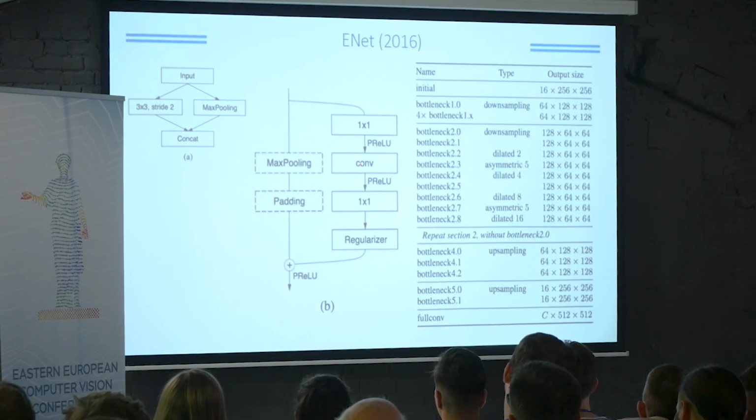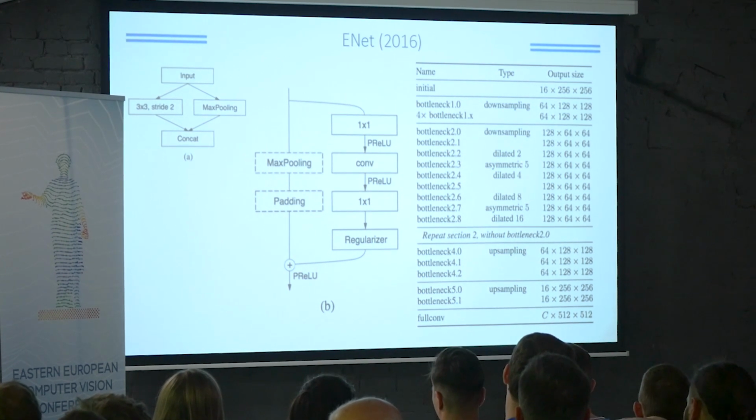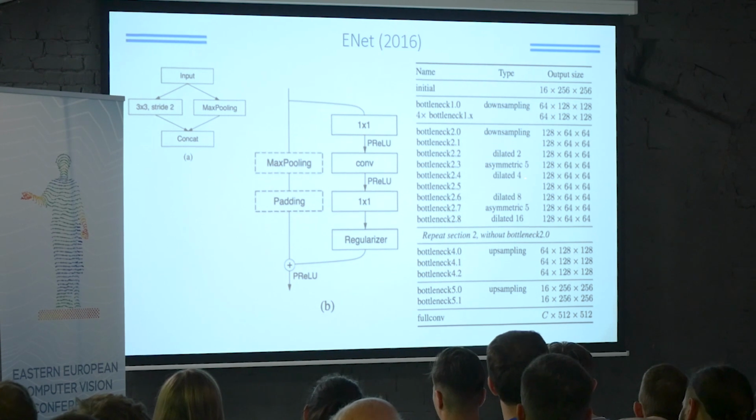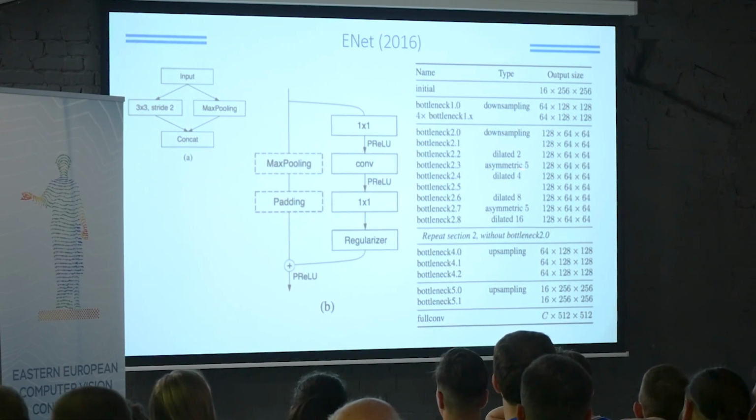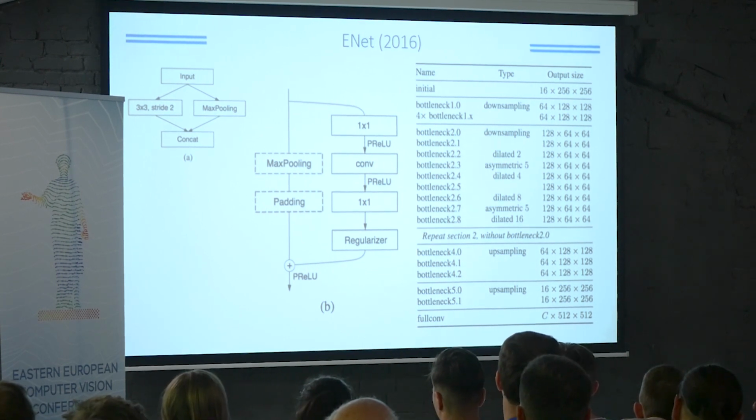And the most interesting part is they didn't use only ordinary convolutions. They mixed different kinds of convolution. For example, they had usual convolution, dilated convolution with dilation rate 2, and asymmetric convolution with 5 kernels, and they mixed them all, and they achieved really good results from my point of view. It's working well in real time.